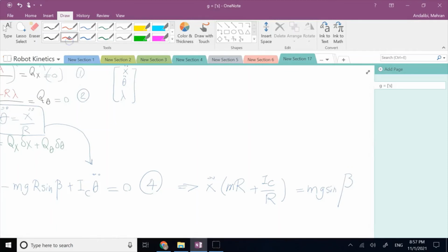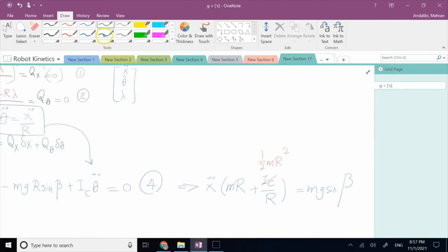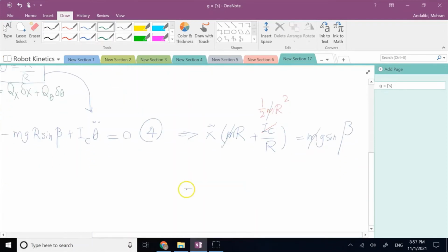Now, if I use the fact that I_C is 1/2 m r squared and get rid of these m's, and simplify one r here, then you will get your x double dot to be equal to g sine beta divided by 3/2 r, or you can say 2 g sine beta over 3r.